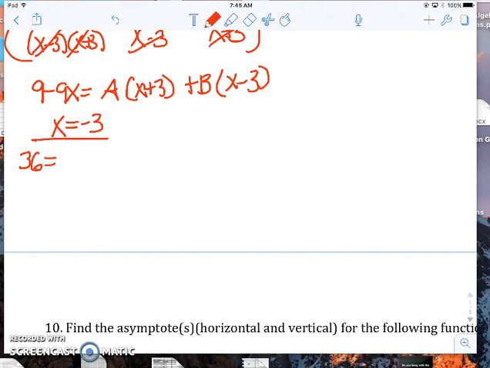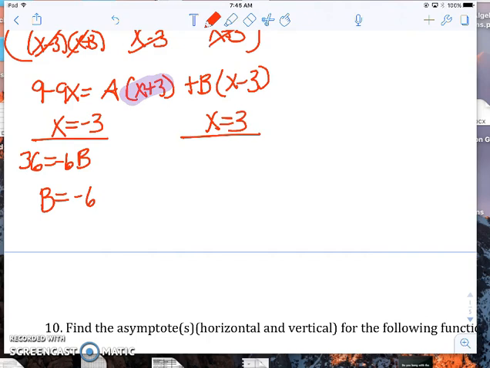Negative 3 plus, so when we plug it in here, negative 3 plus 3 is 0. Plus b, negative 3 minus 3. Negative 6b. So that means b is negative 6. And then our other case, what makes a 0 in this parenthesis? When x equals positive 3.